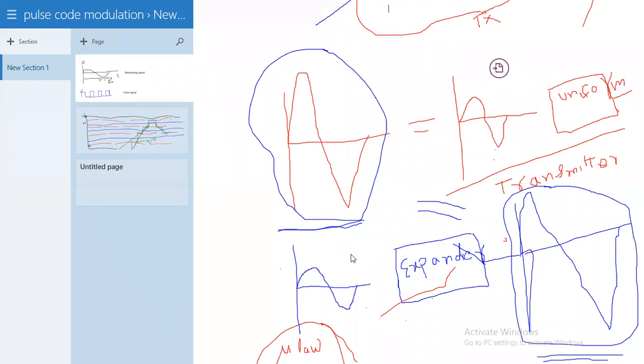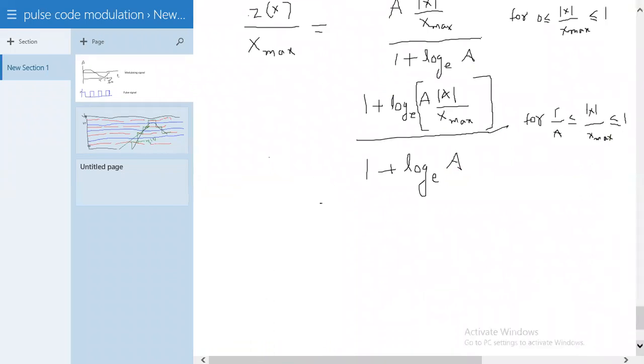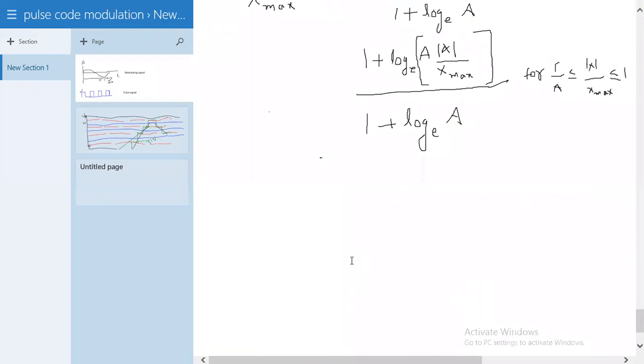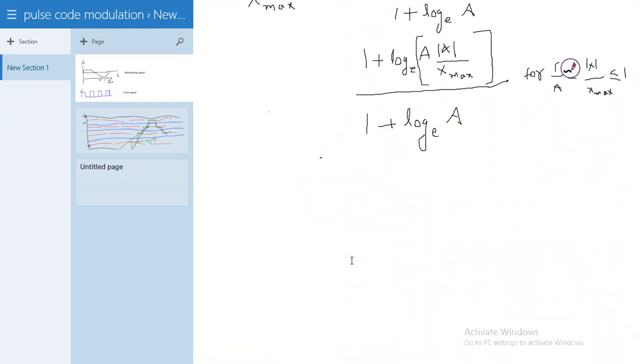According to that compression, the expanding can take place. So here we can observe the characteristics of the compressor. I will draw the characteristics of the compressor.